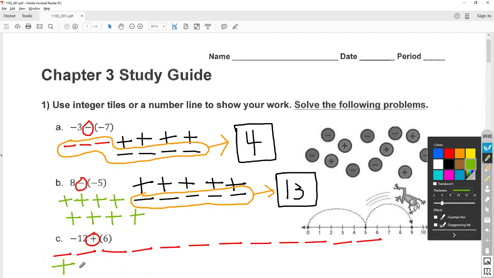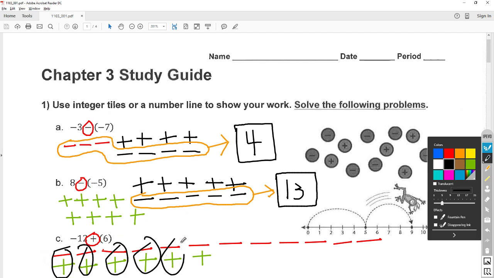So remember, you want to line up your negatives and positives, and this just helps to make circling your 0 pairs easier. 1, 2, 3, 4, 5, and 6. And I'm going to circle my 0 pairs. I have 1, 2, 3, 4, 5, 6, and I'm left with a total of 6 negatives. So my answer would be -6.